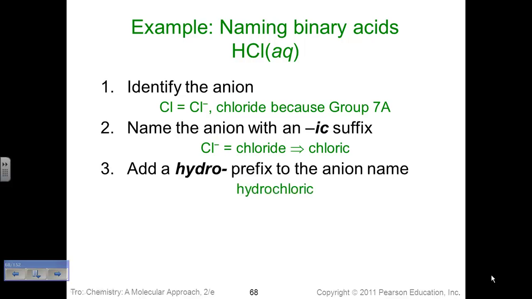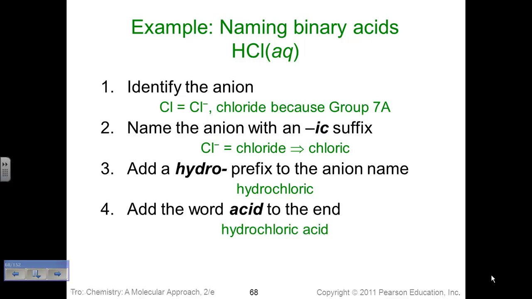It would have been named hydrogen chloride. Now it becomes hydrochloric acid. Putting on that last word, acid, lets the reader know it's in an aqueous solution. HCl, hydrochloric. Old way or out of water, hydrogen chloride. Hydro, root word, ic, we hear the acid name, hydrochloric acid.